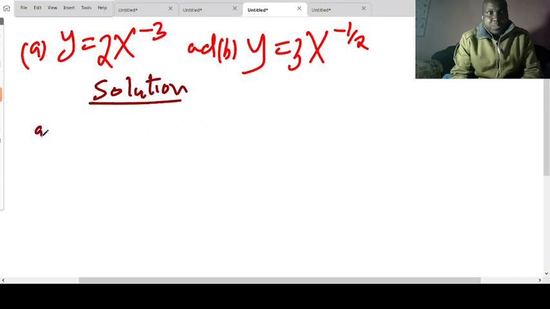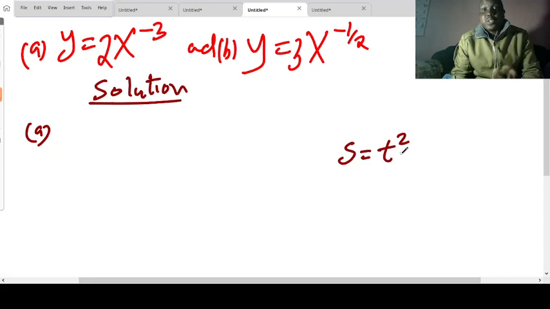Remember, we start with a, dy over dx. Why do we say dy over dx? Let me put something clear here. If I give you s is equal to t square, and then I ask you to differentiate.